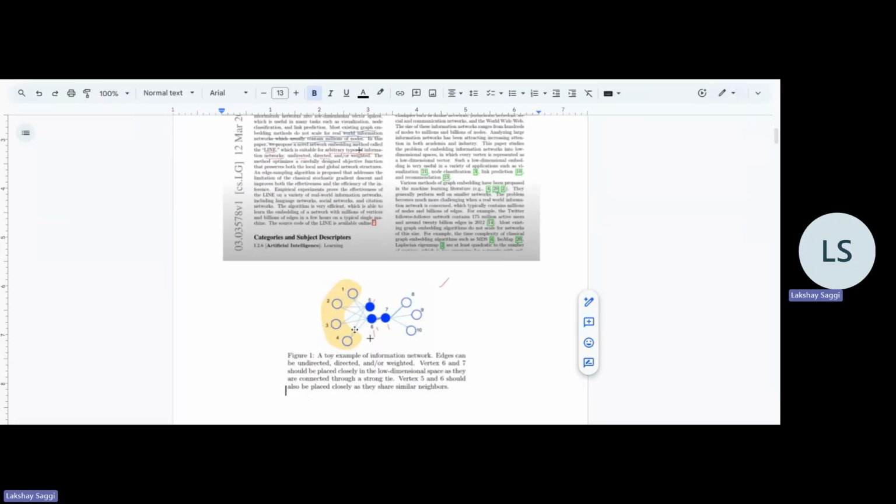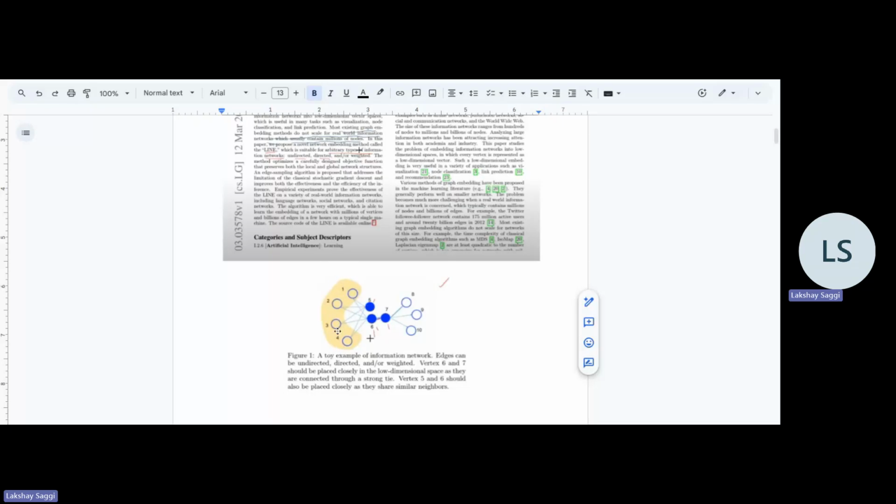Similarly, the second idea behind LINE network is that all the vertices which have very strong ties should definitely be close to each other, but some other vertices should also be close to each other, which are the vertices which share similar neighbors. Consider vertices 5 and 6 here. For both, the neighborhood set is at least these 1, 2, 3, 4.